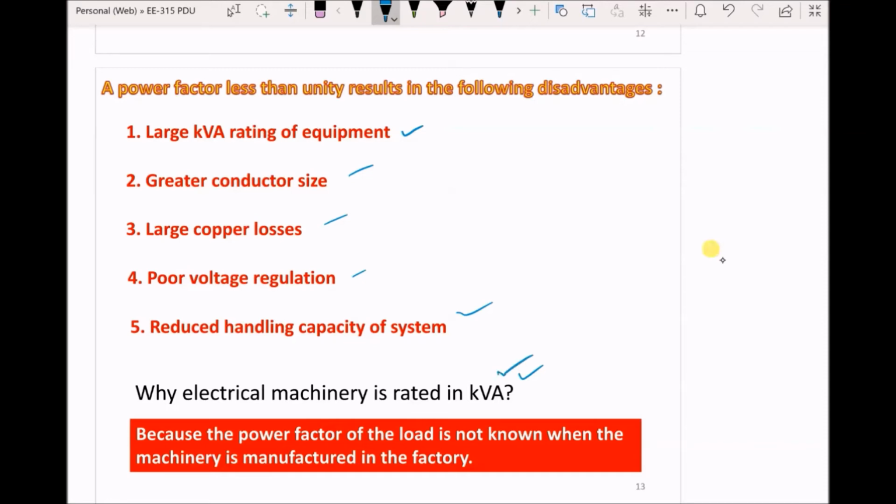Otherwise, if the power factor information is given, then this information in watt can also be given, but that rarely happens, because the transformer or the generating unit will be designed on the demand of a customer, but usually the power factor is not given.